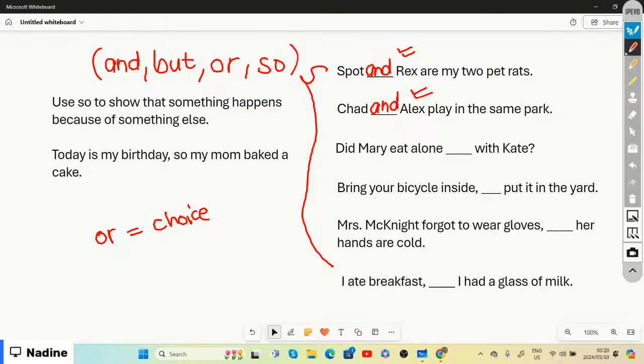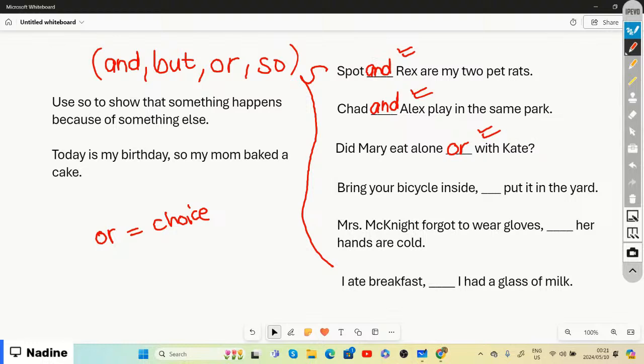All right. If we choose the correct conjunction, then we can say, did Mary eat alone or with Kate? Because it's like asking, did she eat alone? Like she had a choice, to either eat alone or to eat with Kate. Because that is the question being asked. Did she eat alone or did she eat with Kate? So well done. Or is correct.